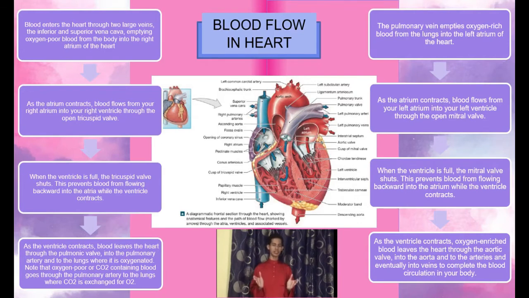Then, the deoxygenated blood will enter back to the heart, specifically to the right atrium. When the right atrium contracts, it will then go to the right ventricle via the tricuspid valve. The right ventricle will contract and then it will go to the pulmonary artery back to the lung.